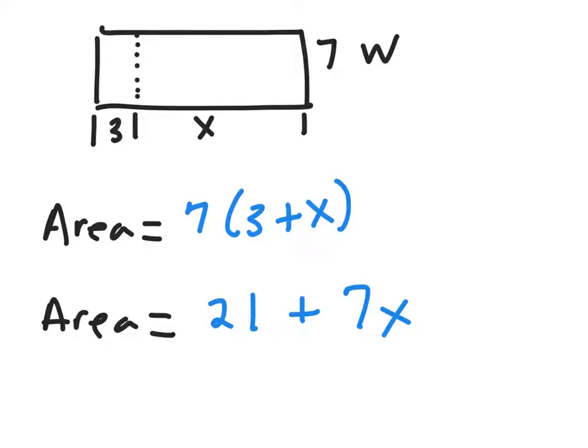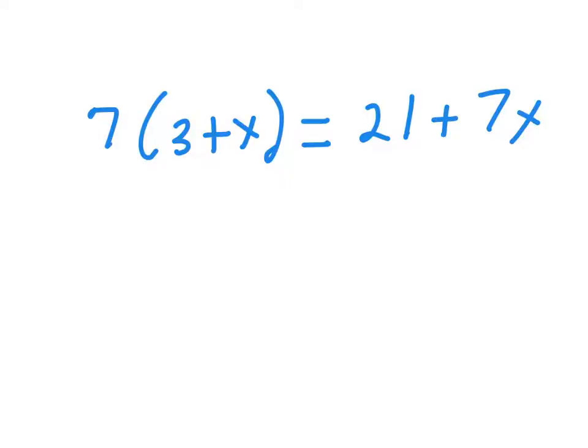So those are two ways that I could distribute this using the area model. If I wanted to write an algebraic statement showing that the two expressions I had just written on the previous slide were equal, I would write it with the equal sign here. It shows that the two different expressions are equal.